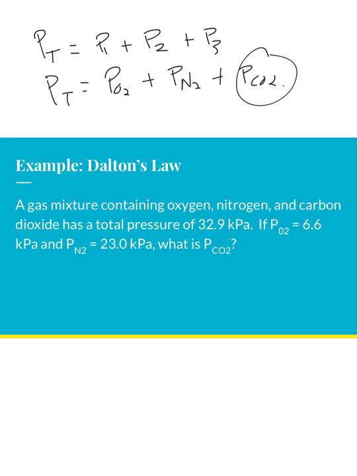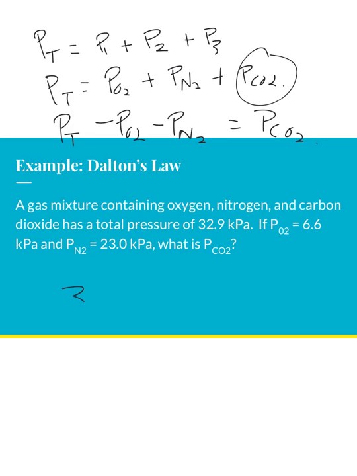So to figure out CO2, what I do is I take my total pressure minus PO2 minus pressure of N2.